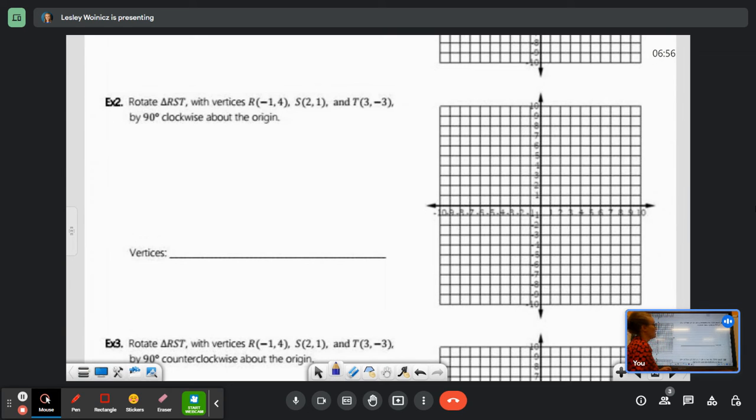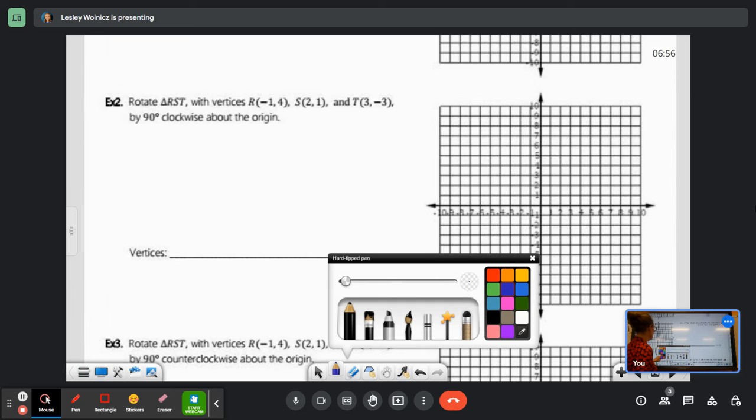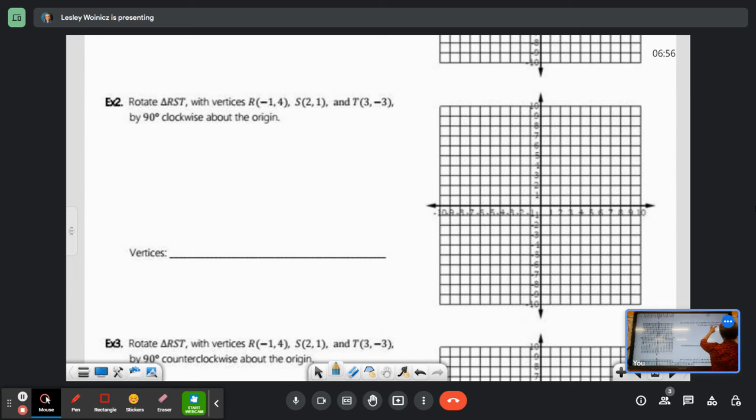Okay, we're going to go 90 degrees clockwise. Oh, this will be fun to see if Mrs. Winitz can remember the rule. Okay, so the rule says that we take our x and our y and we do this transformation to it. I know they swap spots. Which one turns negative?